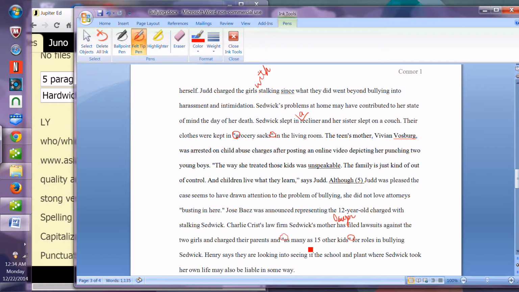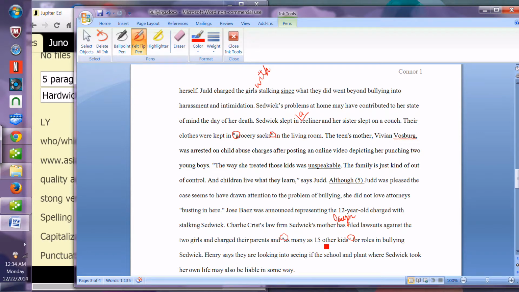If this is something that someone said and you're directly quoting them, you're going to have to put their name in the body of this paragraph. And that is something we'll be learning later in other essays.